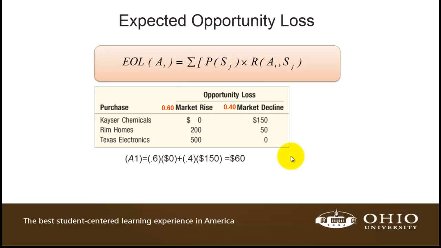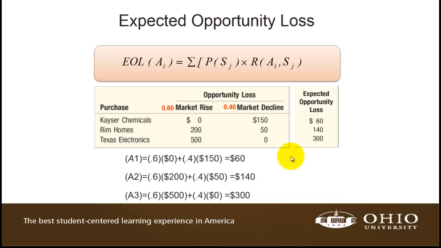So let's look first at Kaiser Chemicals, and we can see that 0.6 times 0 plus 0.4 times 150 is equal to $60, and we can get the expected opportunity loss for each of the other alternatives by doing the same calculation.